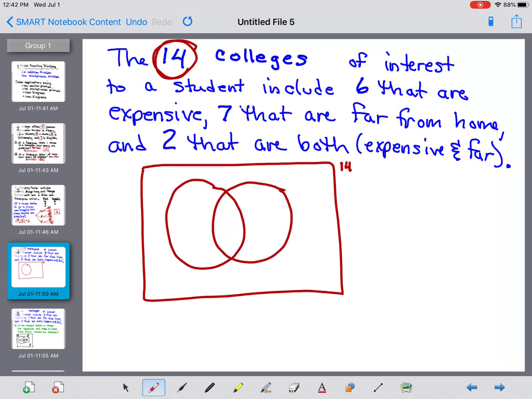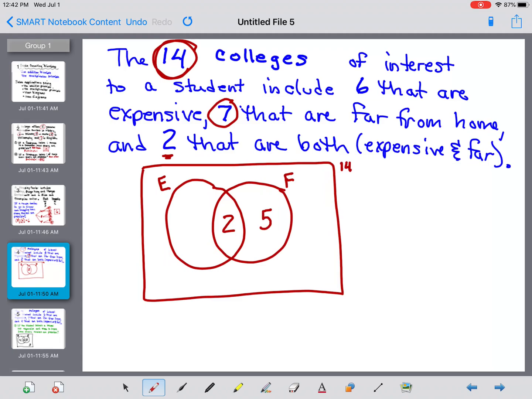The 2 circles we have are the circle that represents the expensive colleges and the circle that represents the colleges that are far from home. Notice that there are 2 that are both. That's going to be in this overlap. Now I'll work backwards. There are 7 that are far from home.